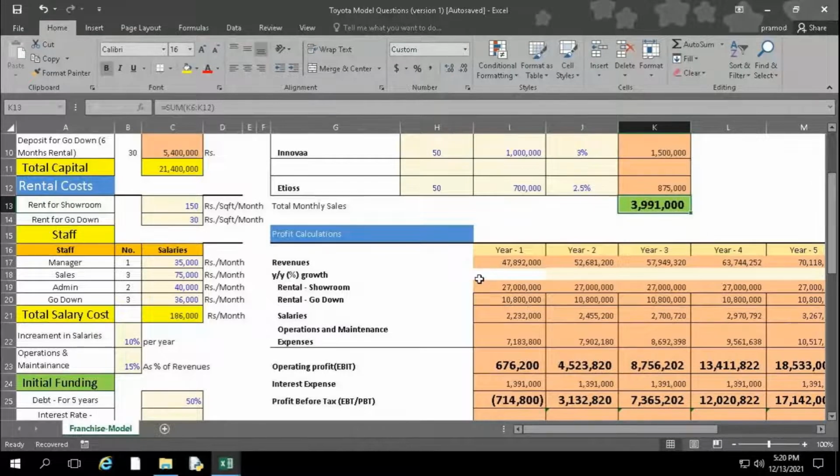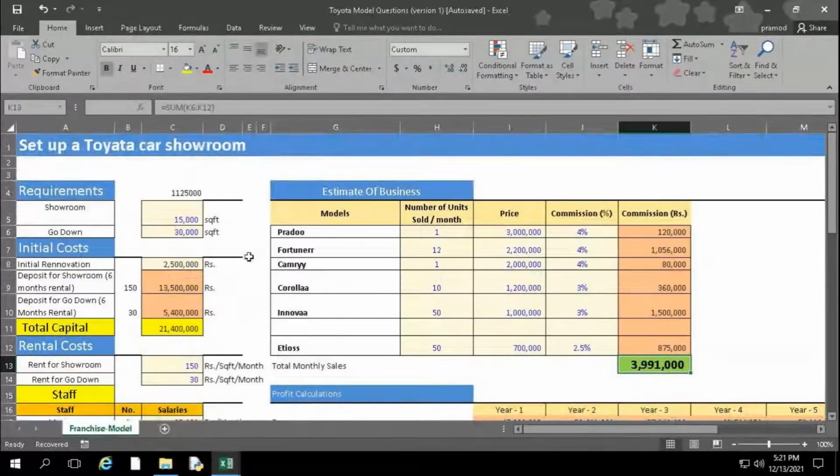Sir, can we use our Excel sheet? It is an online exam, so there will be no chance of using Excel. Once you are in the exam hall itself, you can ask whether you can use Excel or not. Okay, sir.